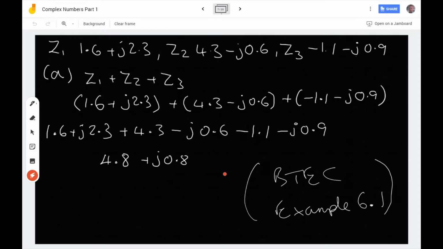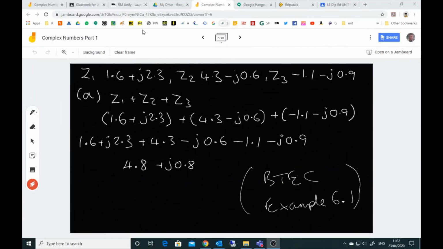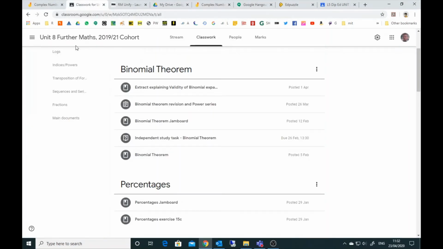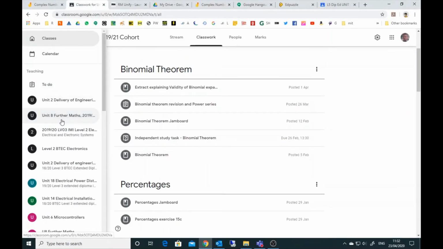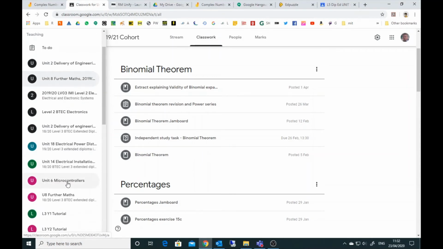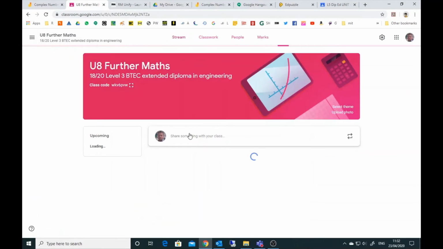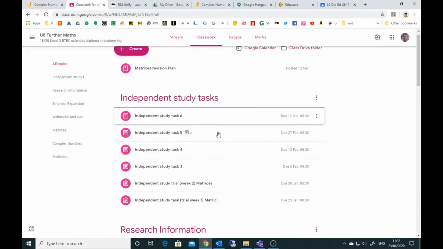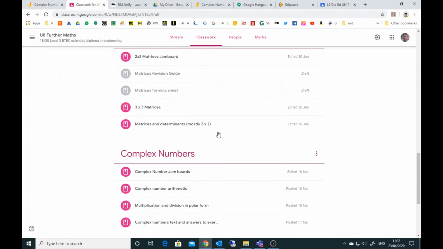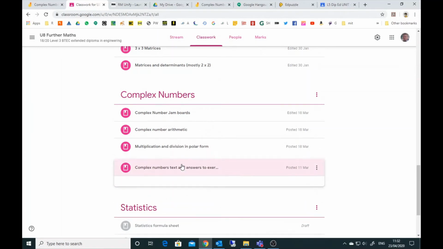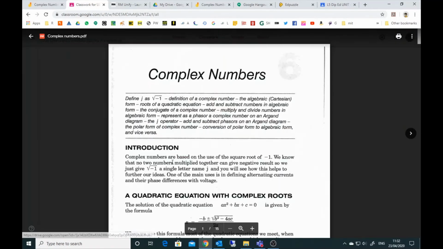Here we've got an example from the BTEC book, and if you're not sure what it is, just go have a look. Let's go to your classroom. If we go down to classwork, scroll down to complex numbers, the bottom one there, you can see there's the text.